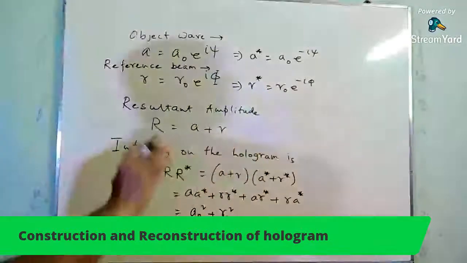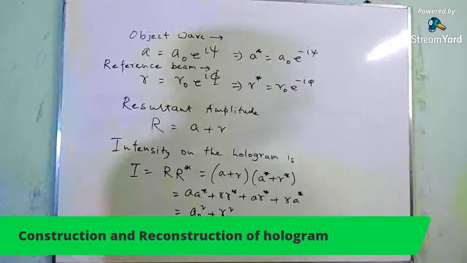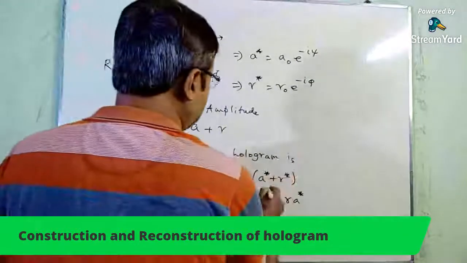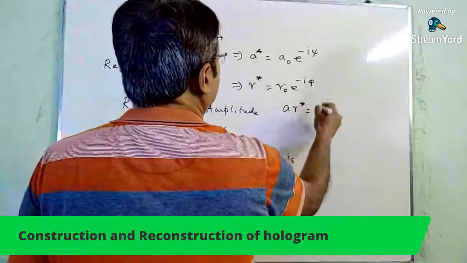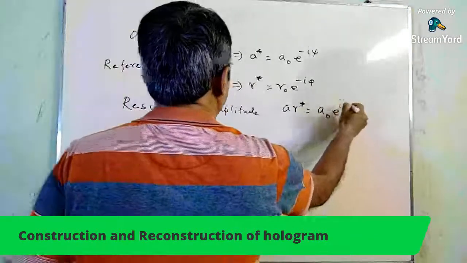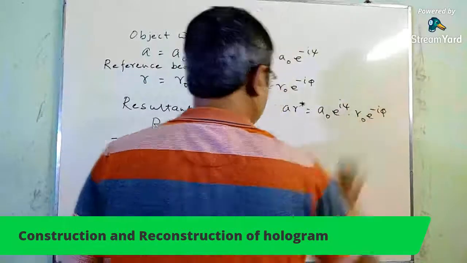I am omitting A0 star and R0 star because A0 and A0 star make A0 square. So I am just putting A star as A0 e to the power minus i psi and R star equals R0 e to the power minus i phi. Now what will be the value of A R star? A R star will be A0 e to the power i psi multiplied by R0 e to the power minus i phi.